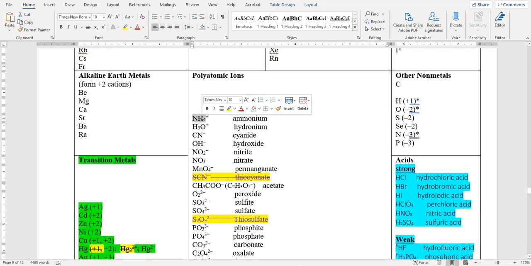Now these are examples of polyatomic ions. So ion means anything that has an atom with charge. And then poly means many.